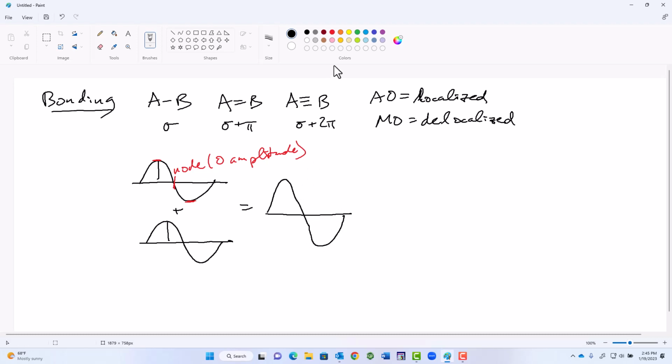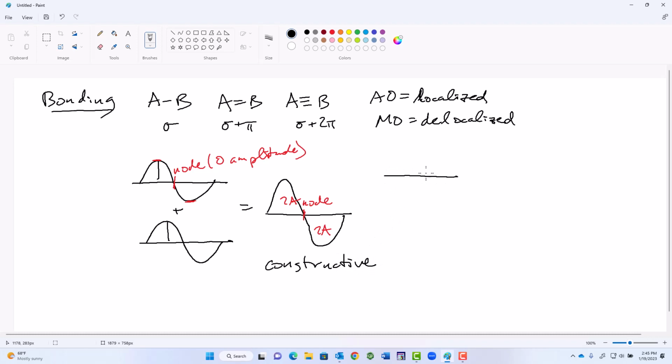We would still maintain that node right in the middle, no amplitude. And now we'd have 2 times the amplitude in both directions. When we have waves adding up in a positive manner, positive meaning it's getting larger, we call this constructive interference. Constructive meaning they are additive.